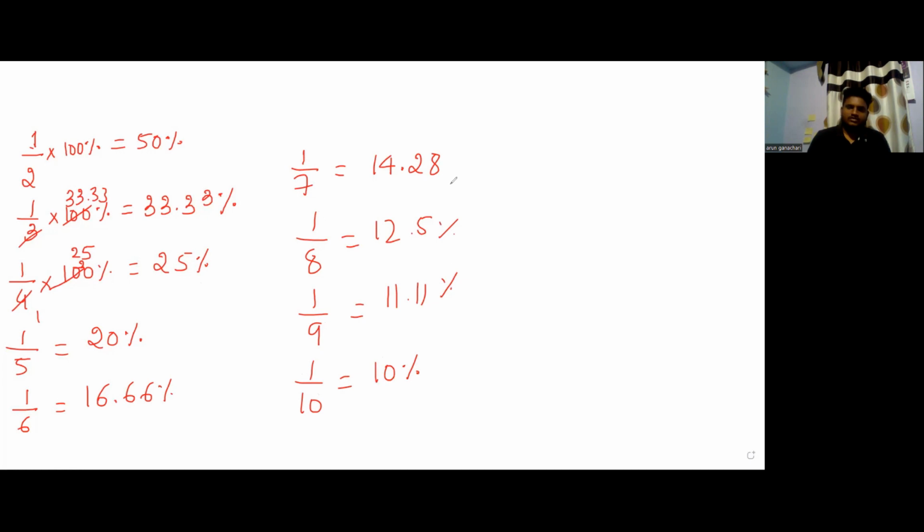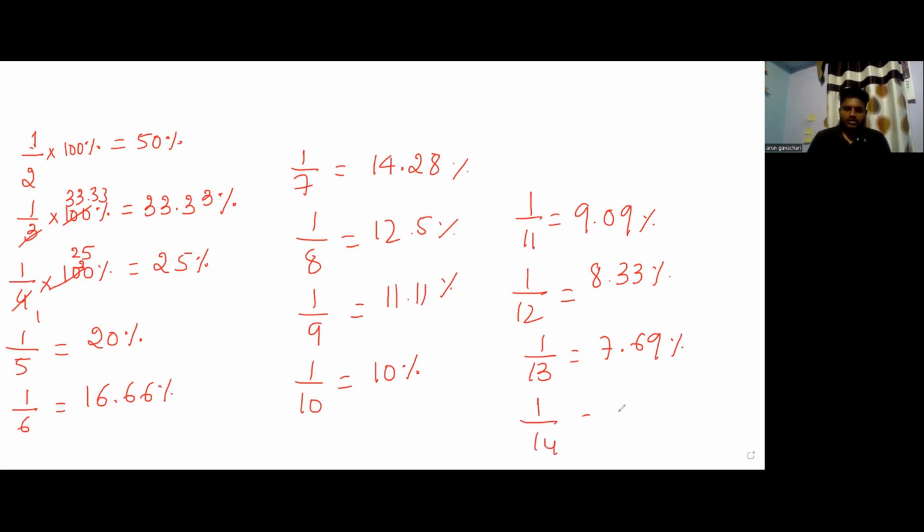We have a percentage at the end of all of these. 1 by 11 is 9.09%. 1 by 12 is 8.33%. 1 by 13 is 7.69%. 1 by 14 is 7.1428.